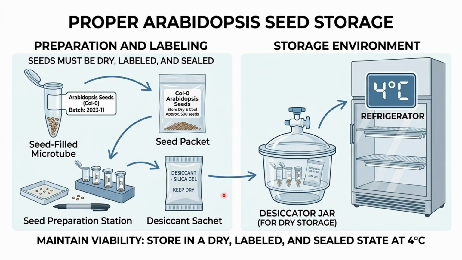Why? Because moisture may trigger metabolic leakage, where the embryo slowly burns through its stored lipids and protein. So we can take Arabidopsis seeds, keep a desiccant, and store them at 4 degrees Celsius. This will keep the seeds safe, and it will help in maintaining homogeneity when we start an experiment.